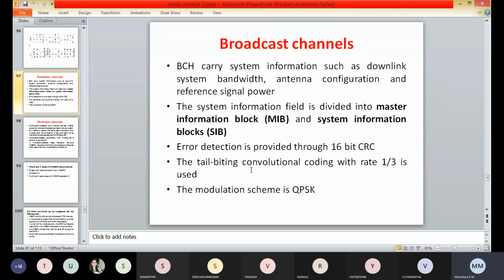So here the PBCH contains the basic system parameters which are necessary to demodulate the PDSCH which contains the remaining SIB, that is system information blocks.